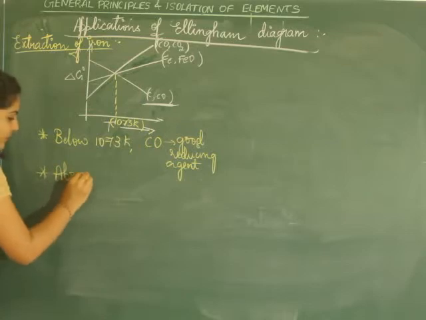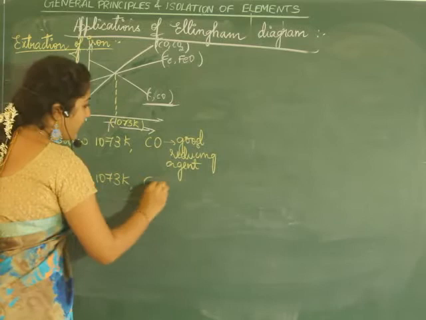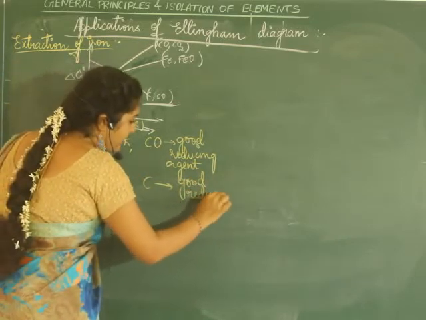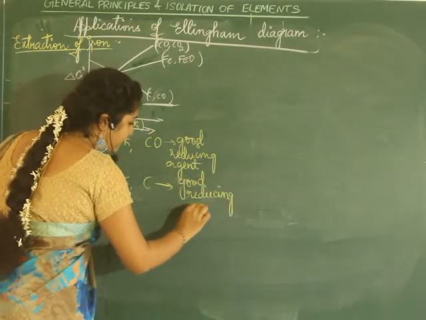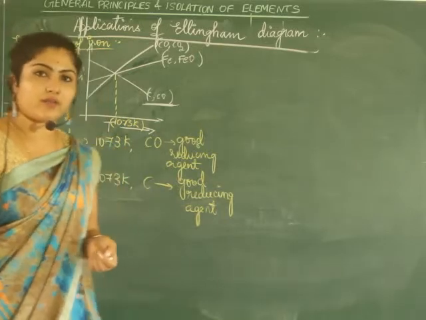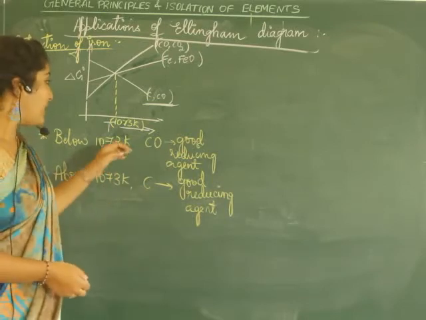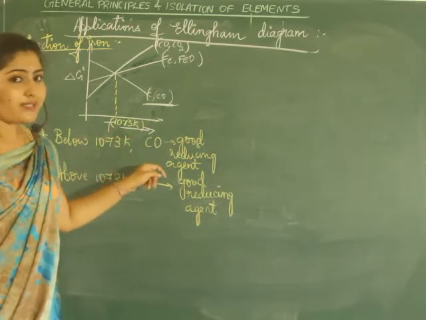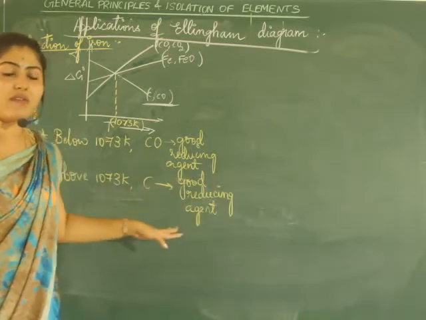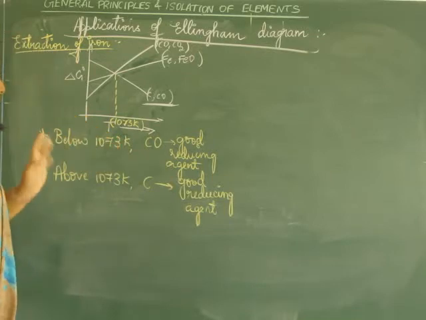Above 1073 Kelvin, coke is a good reducing agent. Hope this is clear. The choice of reducing agent is clear. That means at low temperature, carbon monoxide can be a good reducing agent, but above a particular temperature, that is 1073 Kelvin, coke can act as a good reducing agent. This we get to know from this.